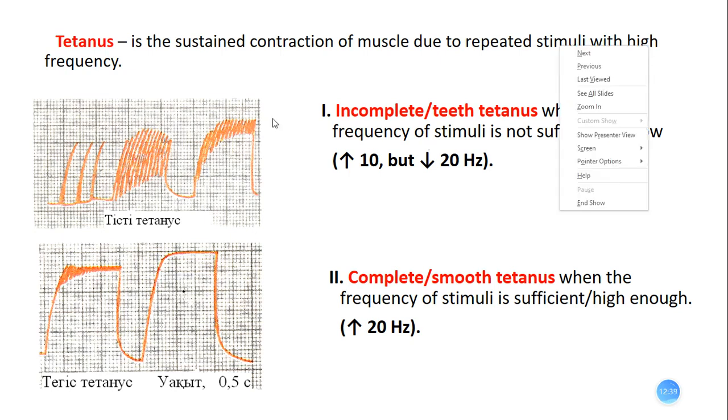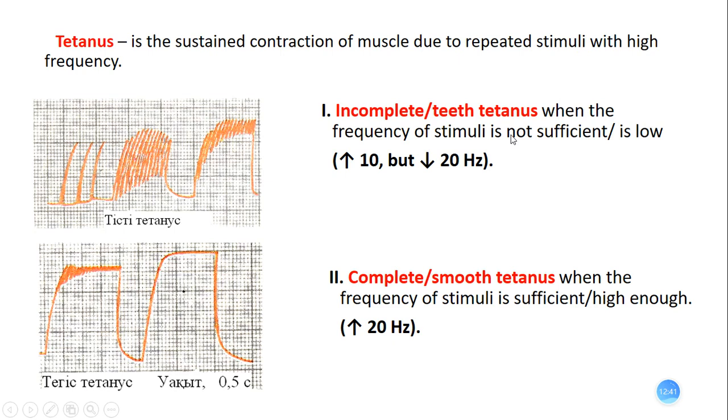And again, we have two types of tetanus. One is called incomplete tetanus, and another name is teeth tetanus. You can see this is like teeth, and then we have complete tetanus, which is called smooth, very smooth. To get these two different types of tetanus, it depends on the frequency of stimuli.